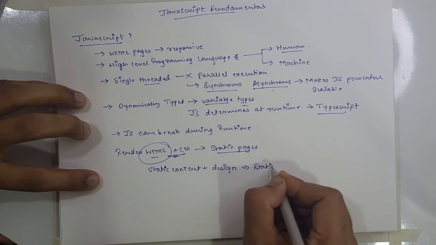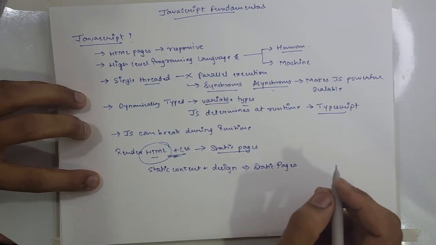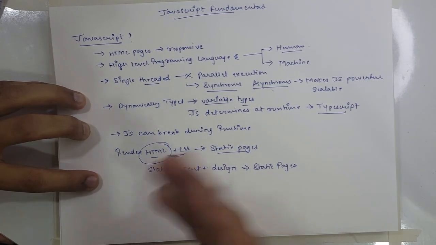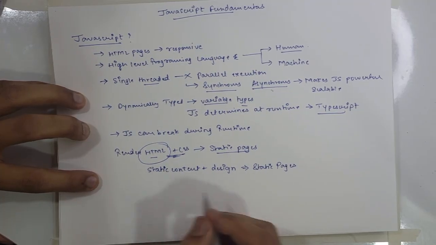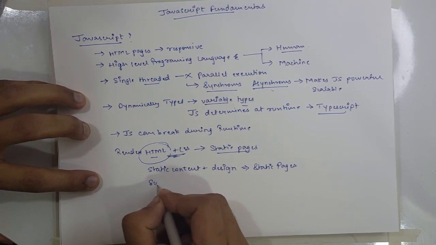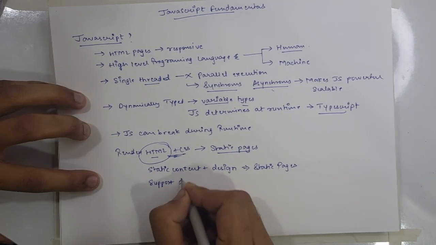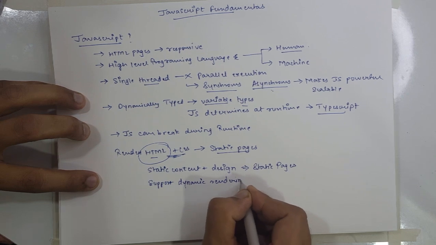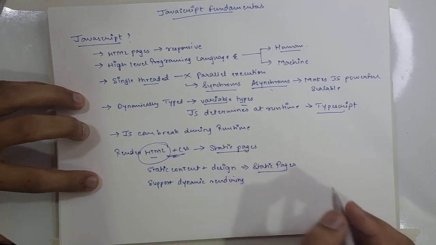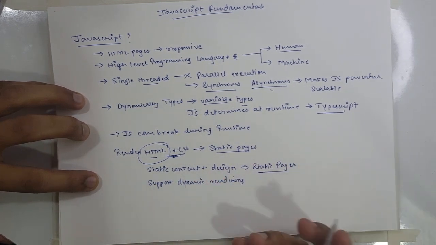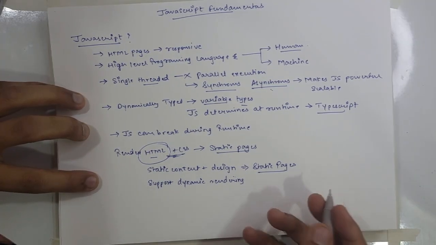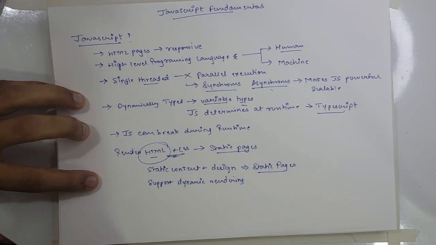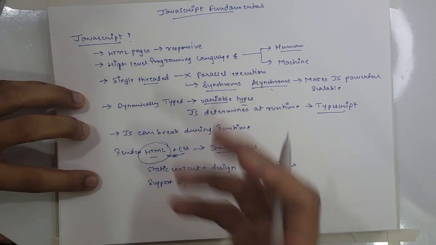But as browsers evolved, new capabilities were added so that they could also support dynamic rendering. Dynamic rendering means pages are no longer static. You can change things dynamically on the page, like clicking on a button to change the color. So this is dynamically changing the contents on the page.